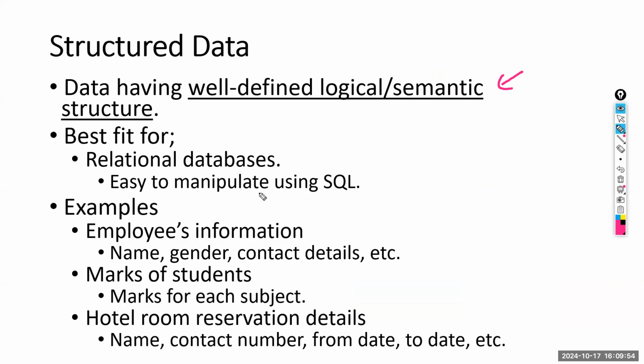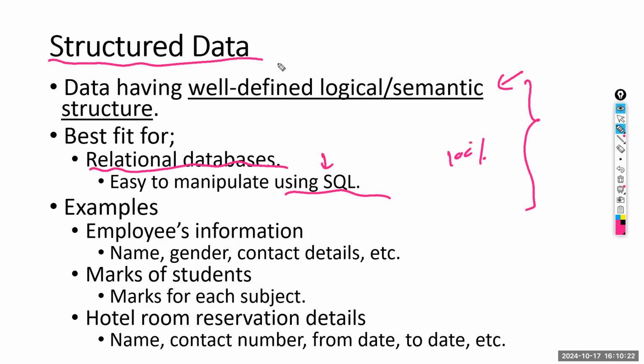Because we can keep those data in relational databases and manipulate them using SQL. SQL stands for structured query language. You can see that also has the word structured. Query structured data, a language to query structured data. And in this particular subject, we are almost 100% interested in structured data.